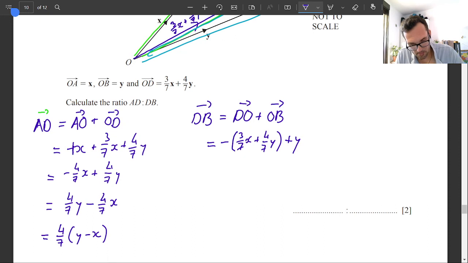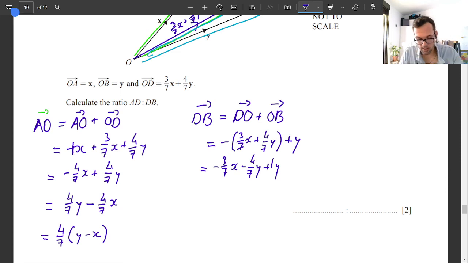Let's simplify that. So first multiply that minus, that gives you minus 3 over 7x minus 4 over 7y plus y. So again, plus 1y. What's minus 4/7 plus 1?